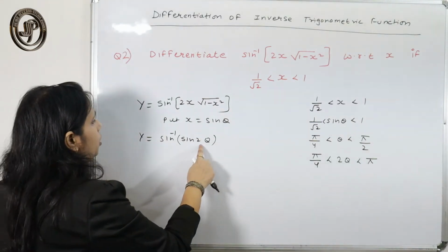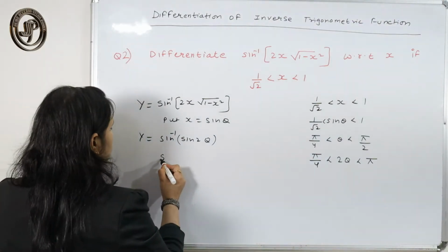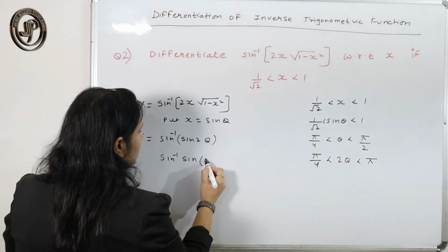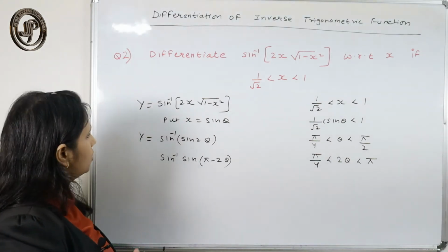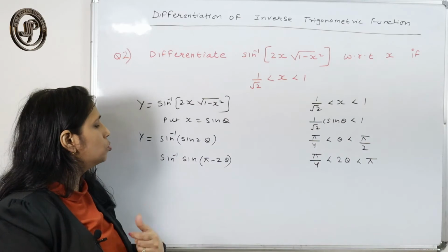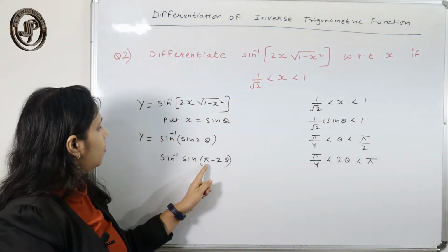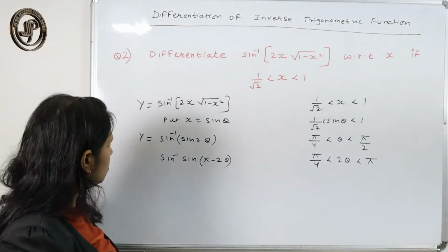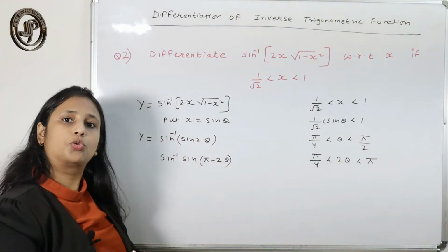Can you also write sine 2 theta as sine of pi minus 2 theta? That doesn't make any difference, because sine of pi minus 2 theta is also sine 2 theta, as it comes in the second quadrant, where sine is positive. So we can write sine 2 theta as sine pi minus 2 theta.